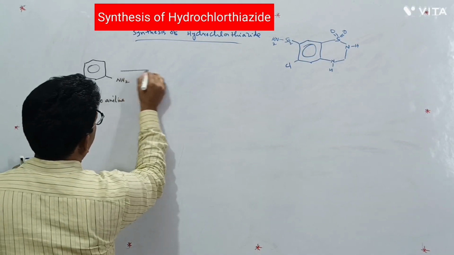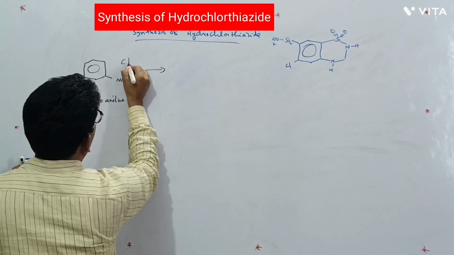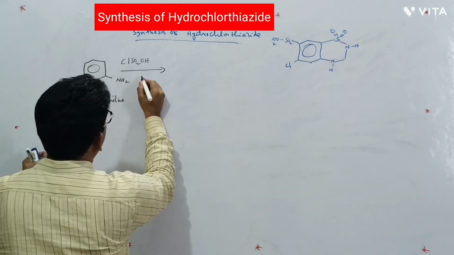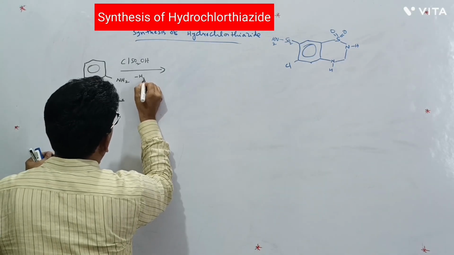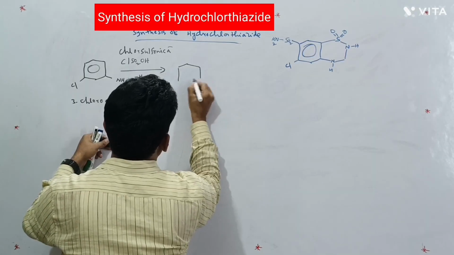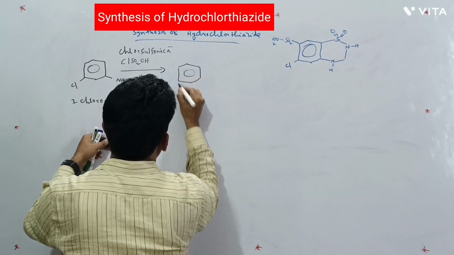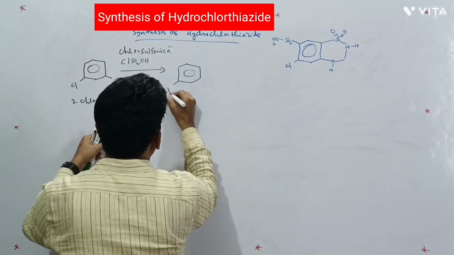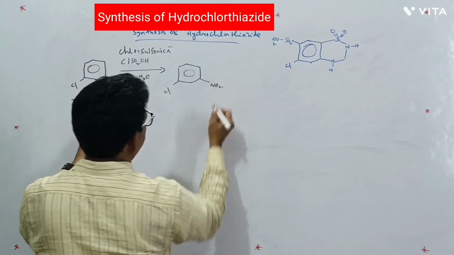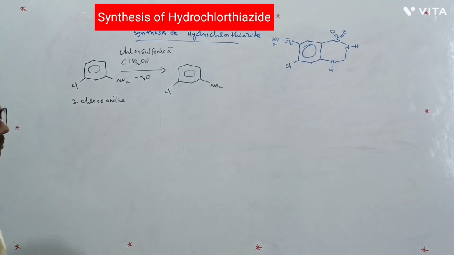Now it will react with chlorosulfonic acid, by the removal of water. Now see at which position the sulfonyl chloride group is going to be introduced. Here this position has a substitution and this position also has a substitution.